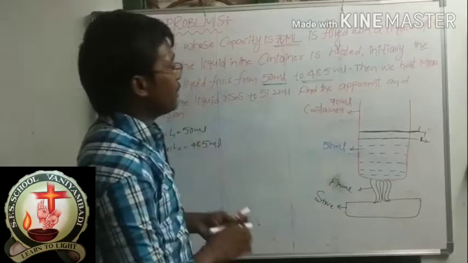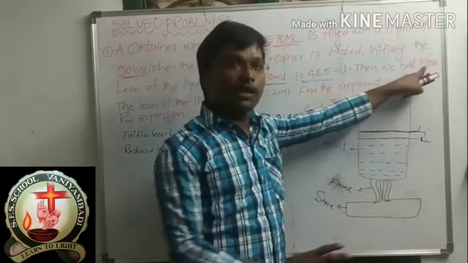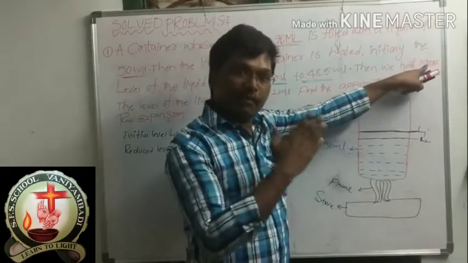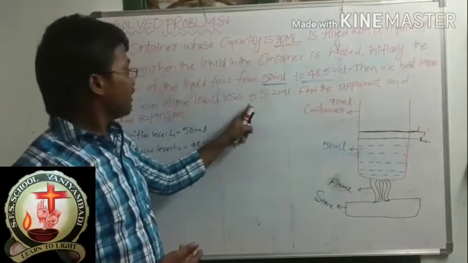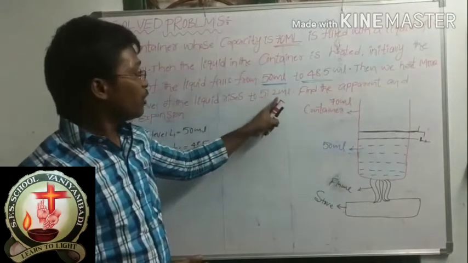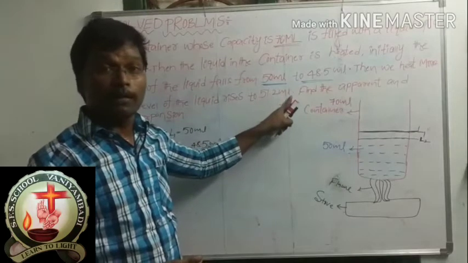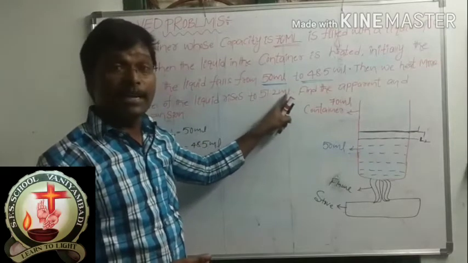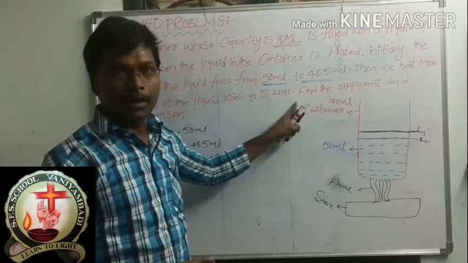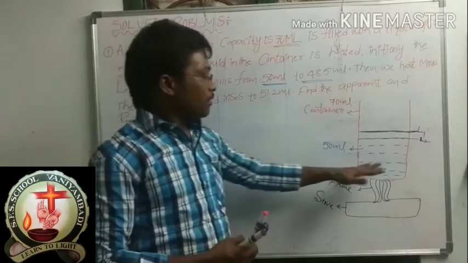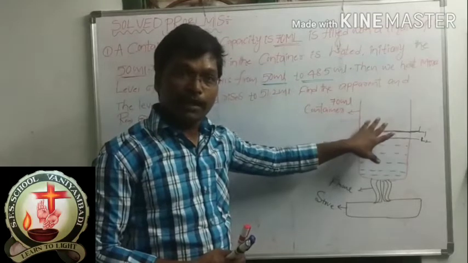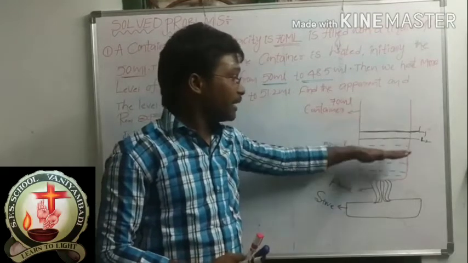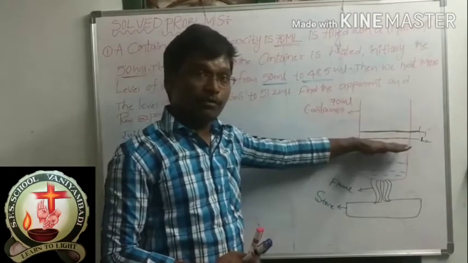Now, what happened after that? We heat more. Still we are heating by the use of the stove. The level of the liquid rises to 51.2 ml, milliliter. So whenever we started heating the container, the liquid level decreased from 50 to 48.5.